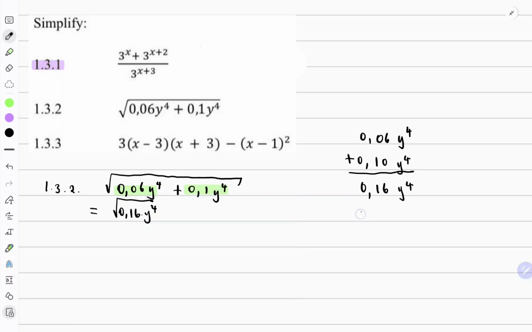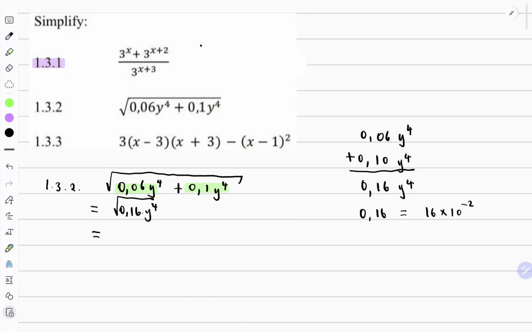Now 0,16 can be written as 16 times 10 to the power of negative 2. So if you know how to write numbers in exponential form, you'll know that 0,16 is 16 times 10 to the power of negative 2. If you're still not sure, you can confirm this on your calculator.